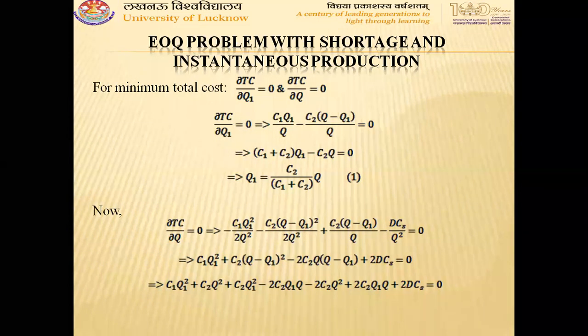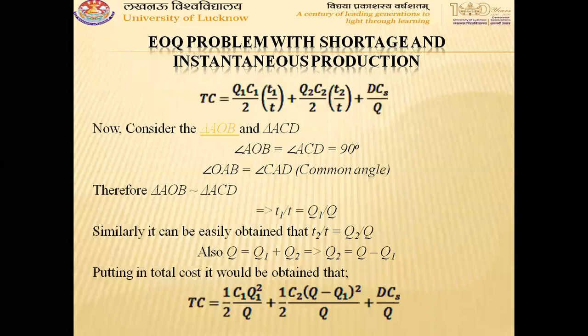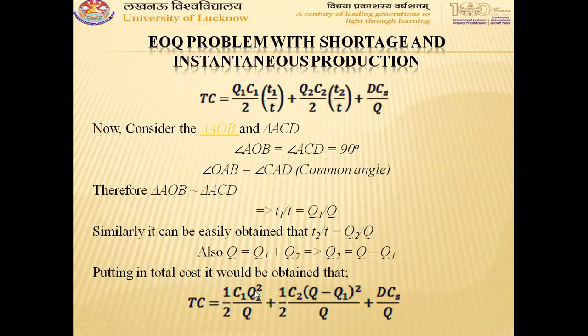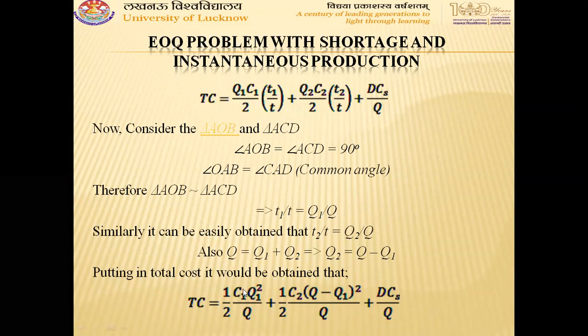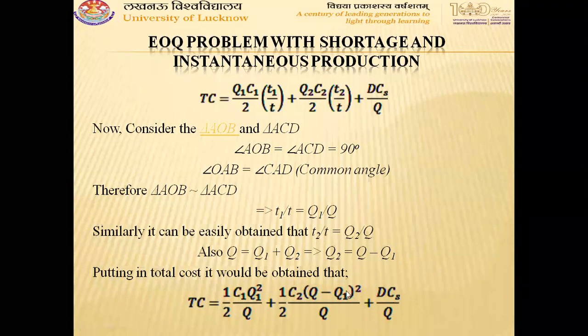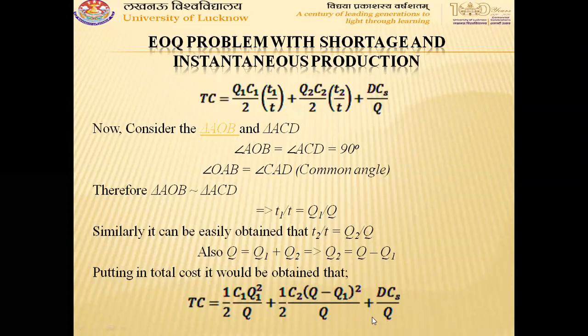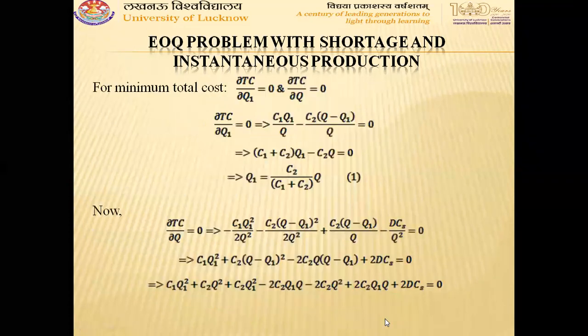Now del TC upon del Q1 equals to 0 implies that here we can see the first term will become C1 Q1 upon Q. So 2 and 2 will be cancelled out. On differentiating, it will become C1 Q1 upon Q. Second term will become minus C2 Q minus Q1 upon Q. And partial differentiation of the third term will be 0.